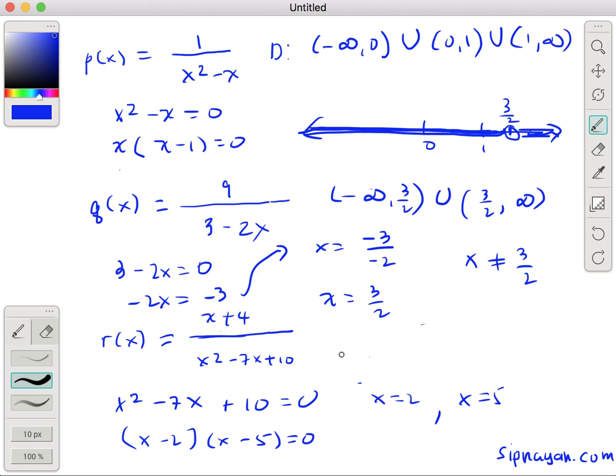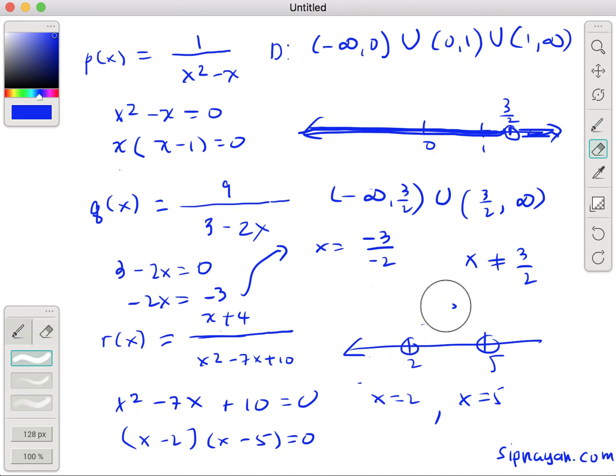So, bawal yung dalawang yan. So, ganun din. So, ito yung 2, ito yung 5. Bawal silang dalawa. So, ang ating domain is from negative infinity up to 2. Tapos, meron tayong 2 up to 5. Tapos, meron tayong 5 up to infinity.